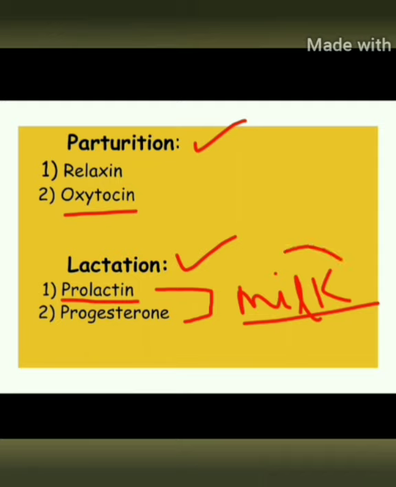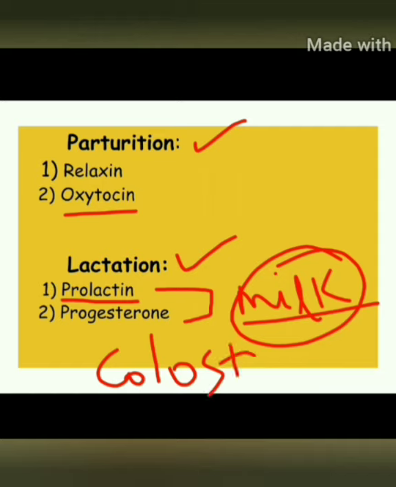The first milk that comes out is called colostrum, containing a large amount of antibodies, which is very good for the child and should be given to the child. It is also known as passive immunity, because the antibodies are given to the child. So that's all about fertilization, its various steps, implantation, until parturition and lactation.